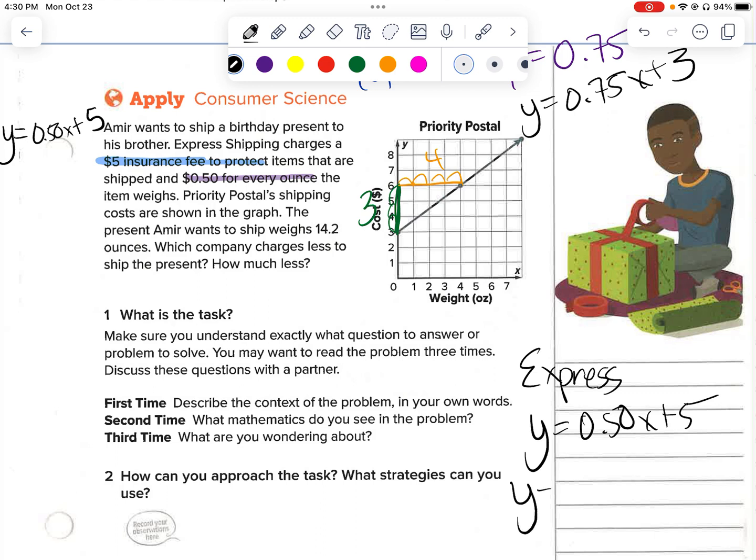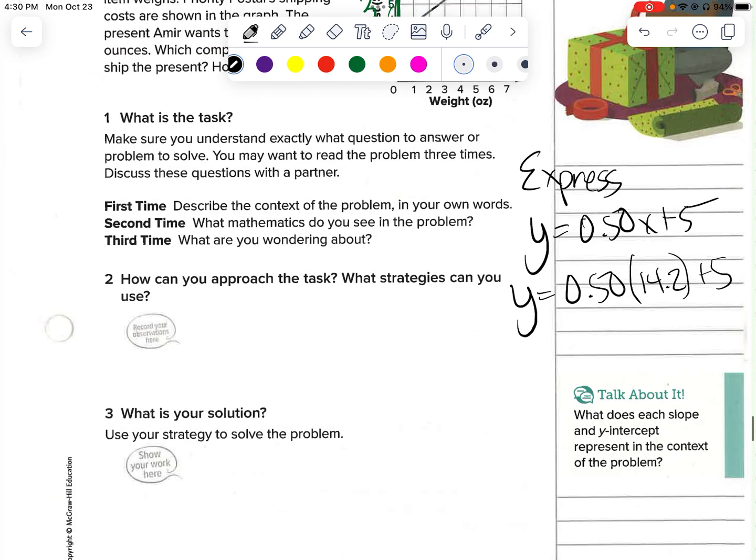So I'm going to replace the x with 14.2. So if I do 14.2 and I multiply it by 0.5, I should have been able to do that without a calculator. 7.1 plus 5, which means it's going to cost $12.10 to ship it.